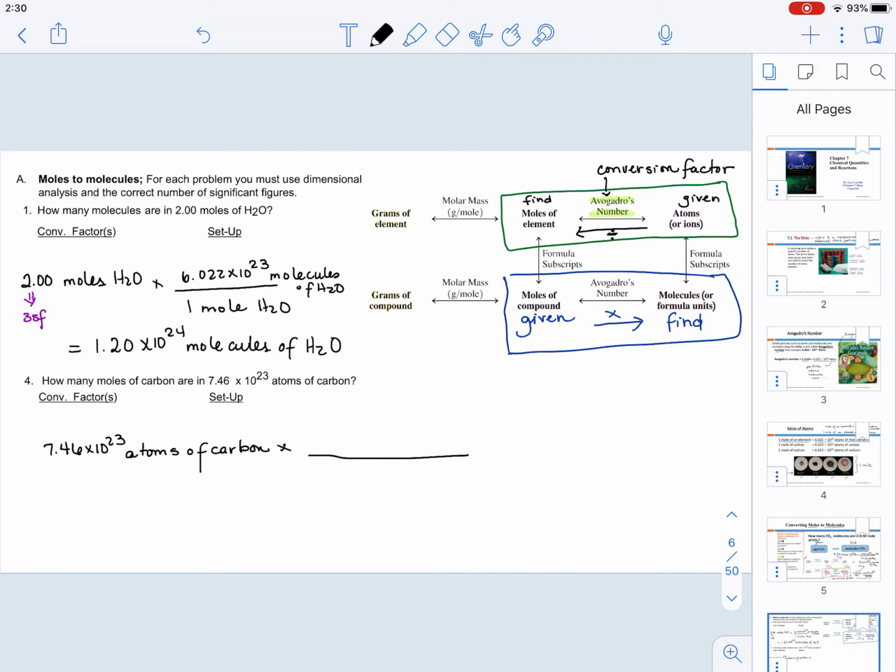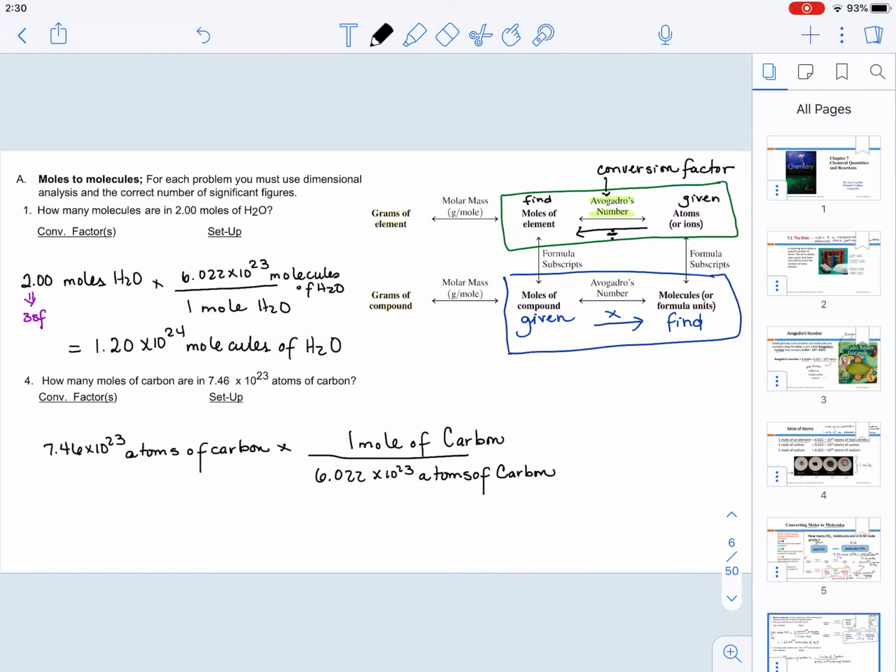I divide by Avogadro's number, 6.022 times 10 to the 23rd atoms of carbon. On top, I write 1 mole of carbon, because remember, that is the equality between moles and the number of atoms, Avogadro's number.